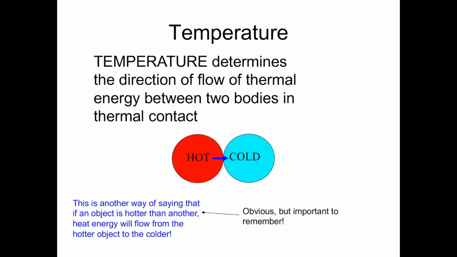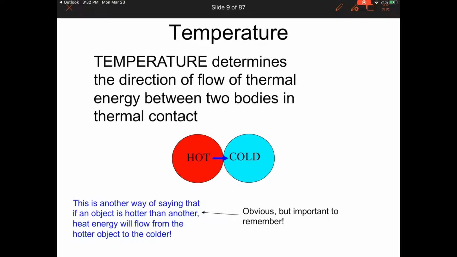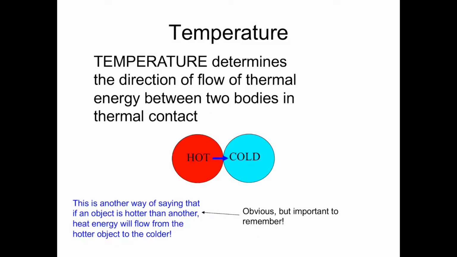On that note of temperature, how do we know what's going on when two things interact? We always say that energy flows from hot to cold. Always repeat that in your brain. It is very, very important to remember. If you do not remember this, you will make silly mistakes on a test or an exam. The reason it's important to remember this is because we use cold as a description, and same with hot.